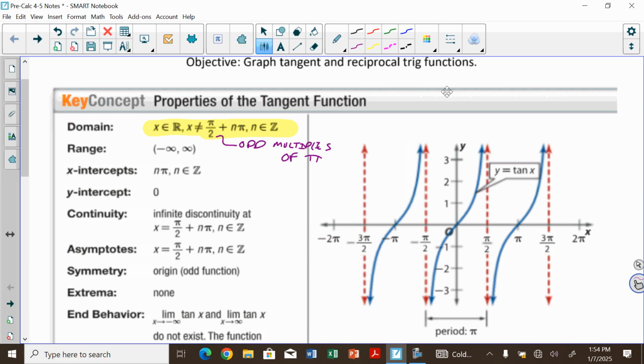Okay, the range, we can see the range here is all reals as well, negative infinity to positive infinity.